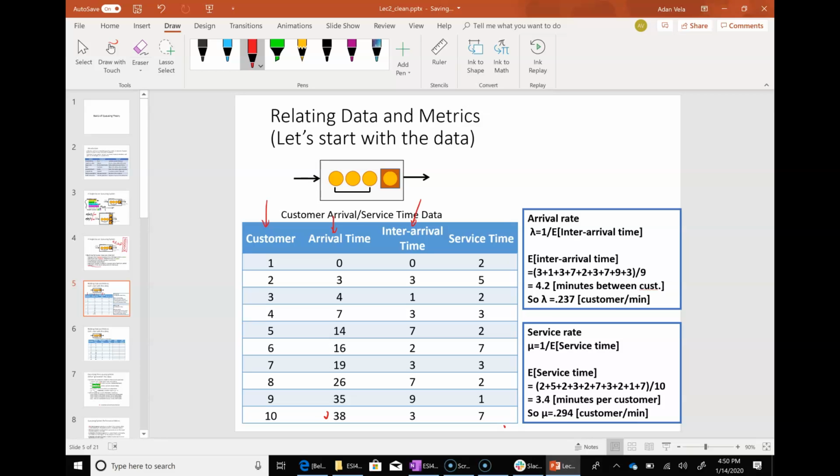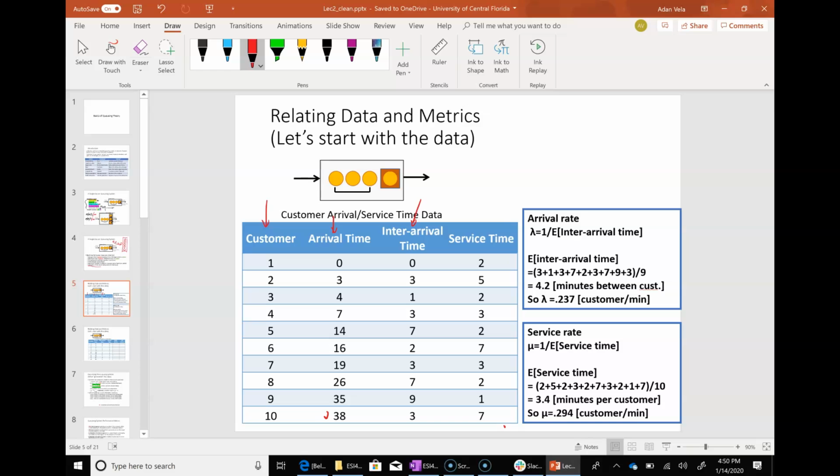Typically, sometimes we'll have tables where you get the customer and the arrival time, and you'll be asked to solve for the inter-arrival time. Or maybe you get the inter-arrival times, and you have to calculate the actual arrival time.